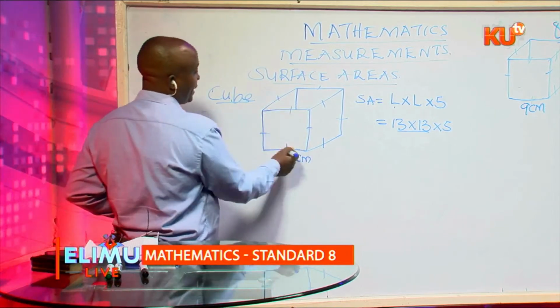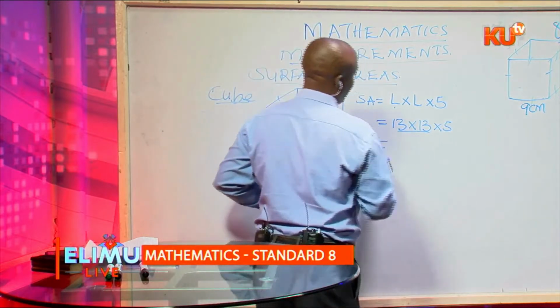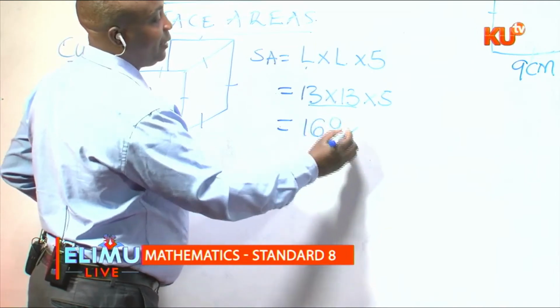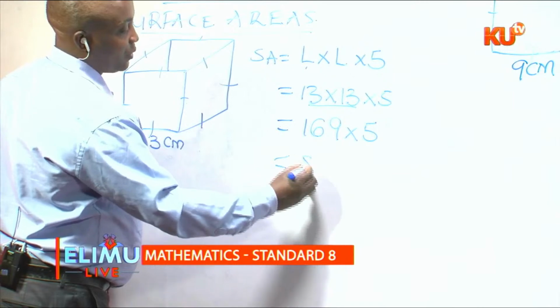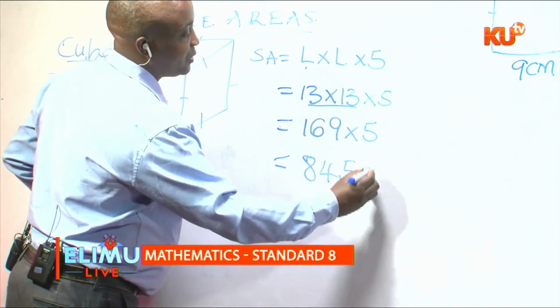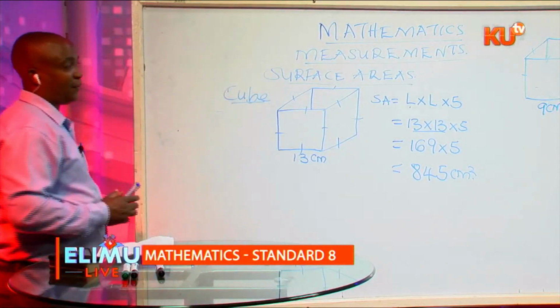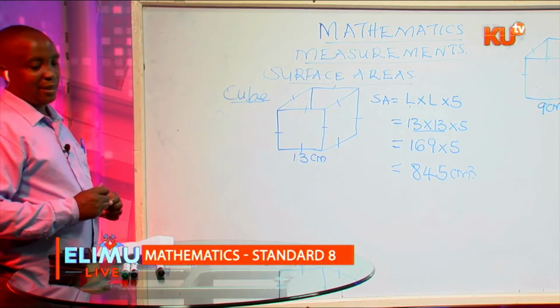So this side, so length times length. Then we multiply by 5 because there are 5 of them and they are all equal. So when we multiply, we get 169, then we multiply by 5. What do we get? We are going to get 845 centimeters squared. So that is the total surface area of an open cube of sides 13 centimeters.